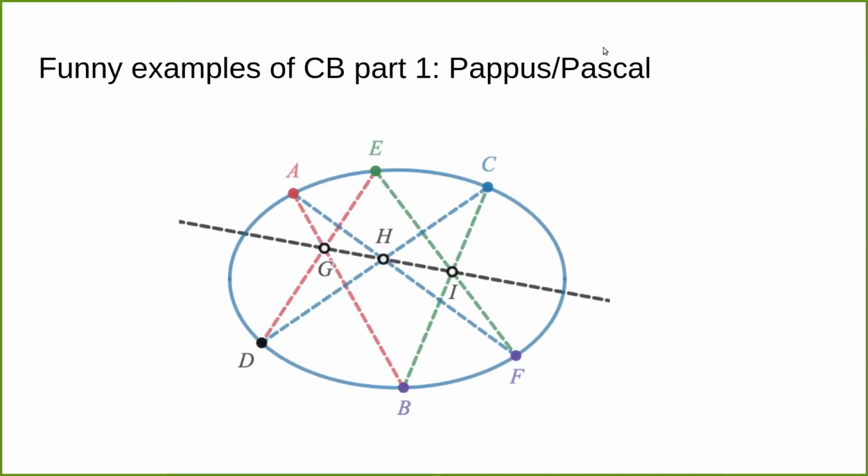So here's some examples of it. Prove that for a conic and 6 points on the conic, if you intersect this, this, this, and this, these points will be on a line.